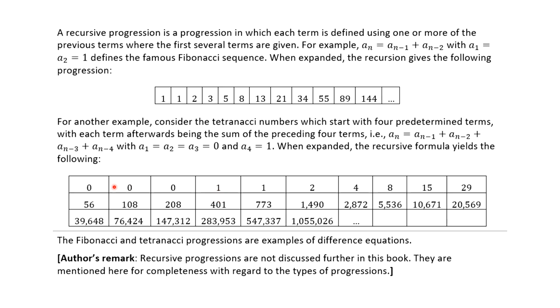So you notice here we have the first four, then this is the sum of those four before it. Then 2 is the sum of these four that I'm pointing to, and then 4 would be these. Then this would be the sum of these four terms here. That's 8, then 15. So it's quite different from the Fibonacci sequence.